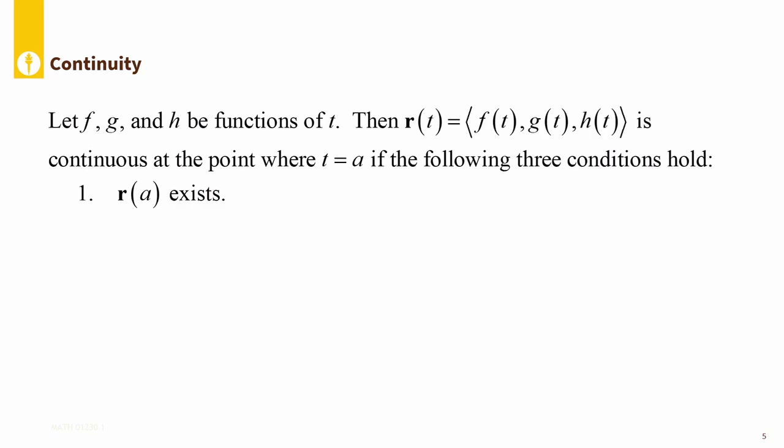The limit as it's approaching A has to exist for each of the three, right? Which means for R, that limit would have to exist. And what was the final condition?